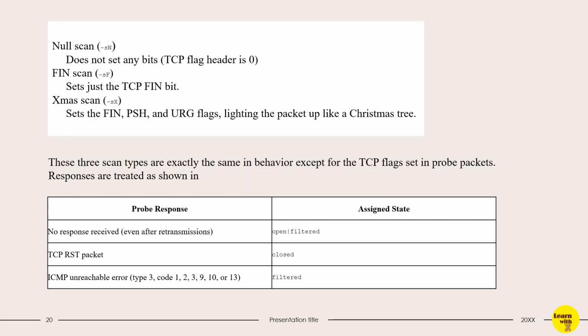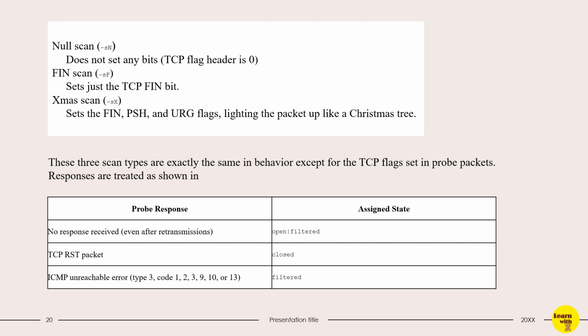Apart from the TCP, SYN, and UDP scans, we have some more scanning types, which are null, FIN, and Xmas scans. In a null scan, the packet does not set any bits, so the TCP flag header is set to 0.